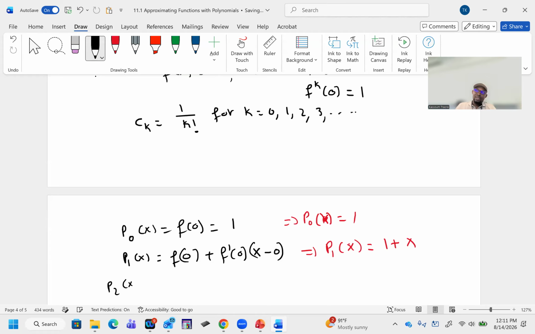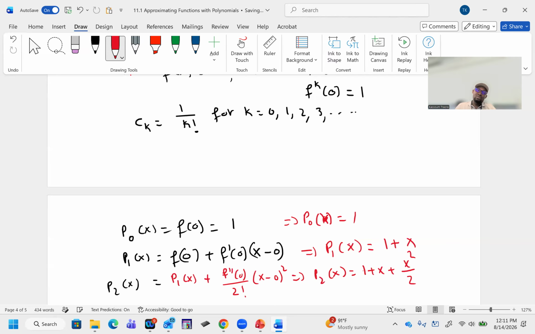And P sub 2 of x will be equal to P sub 1 of x plus the second derivative of f of 0 divided by 2 factorial times x minus 0 squared, which means my P sub 2 of x will be 1 plus x plus x squared divided by 2.